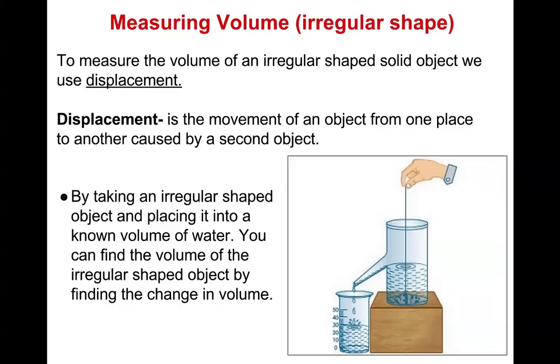Now sometimes things aren't as easy to measure with a ruler, and you can't just simply put them into a graduated cylinder. So we have what's called displacement. If you think about displacement, when you fill up a bathtub all the way, so the water level's all the way at the top, and you get into the bathtub to take a bath, you're going to make a mess because no two objects can occupy the same space at the same time.